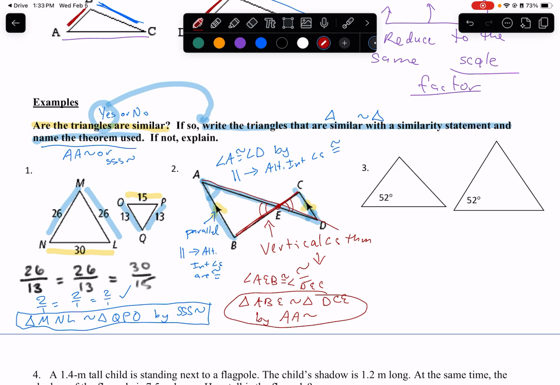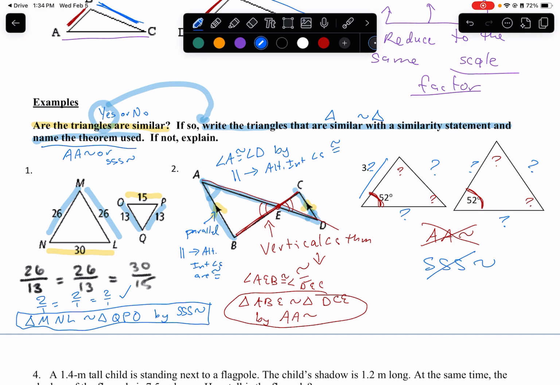Okay, so for number 3, I see a 52-degree angle and a 52-degree angle, but I don't know the other angles. So angle-angle similarity is out because we don't know enough angles. I also don't know the length of any sides.